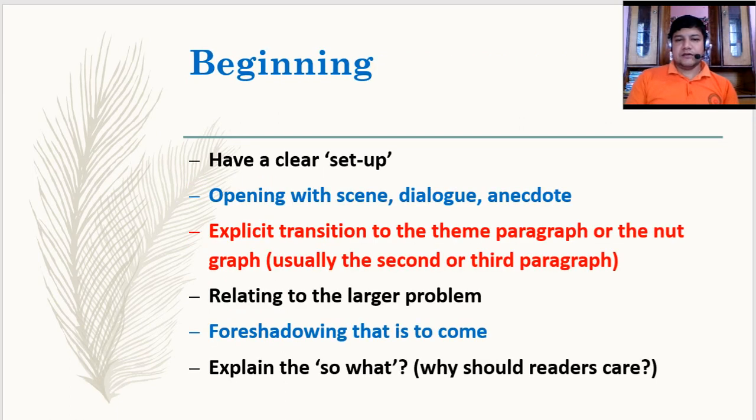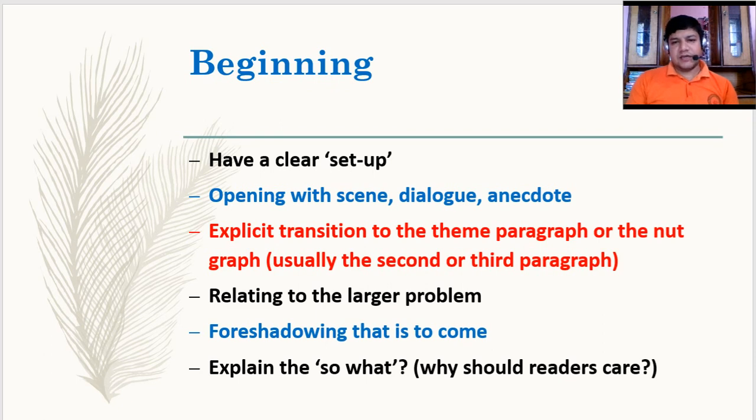The beginning paragraph must have a clear setup, clear structure, clear framework. It should have an opening with a scene, dialogue, or anecdote. It can be taken as a hook technique, to draw the attention of the readers.